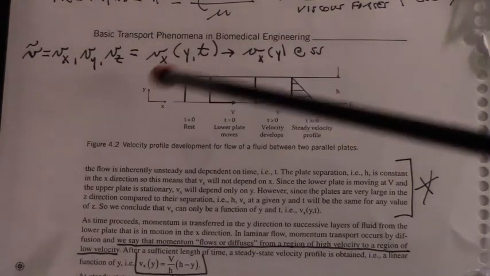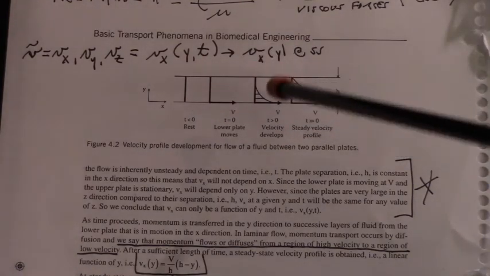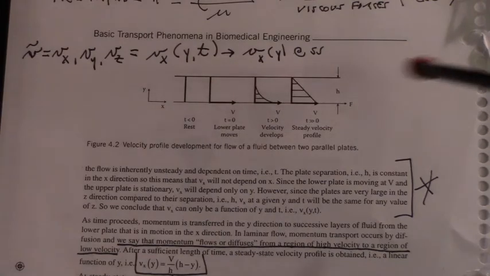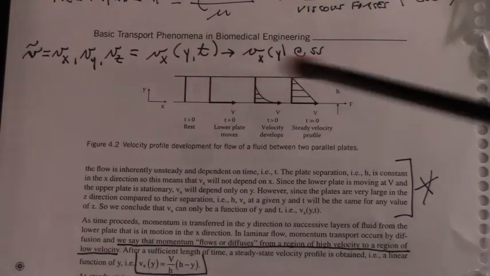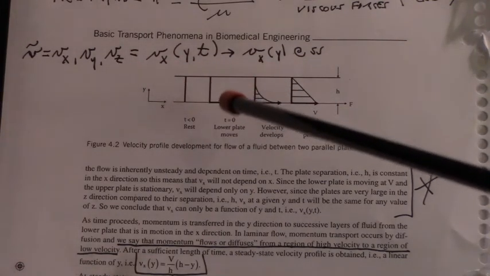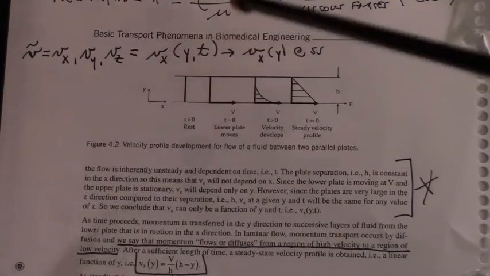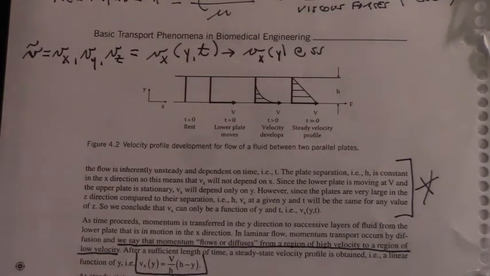Now as time goes on, we're going to have the transport of x momentum, the movement of this plate in the x direction. Momentum is going to be transported from the x direction to the y direction. And it's the transport or diffusion of that momentum into the fluid which causes successive layers of fluid to start to move.